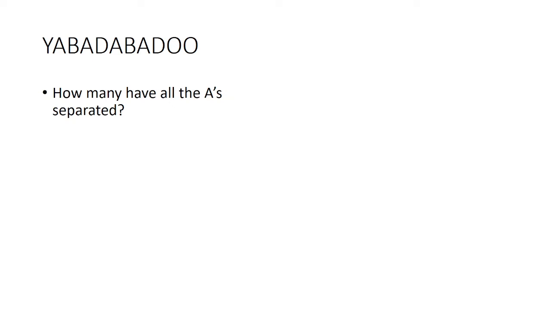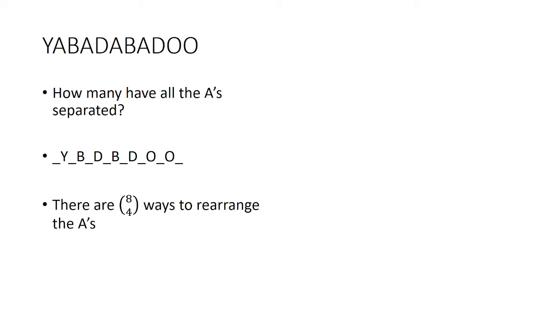How many have all the A's separated? Well, if we have all the A's separated, it looks something like this. There's 8 total spots where the A's can go, and there's only 4 A's. So there's going to be 8 choose 4 ways to rearrange the A's.